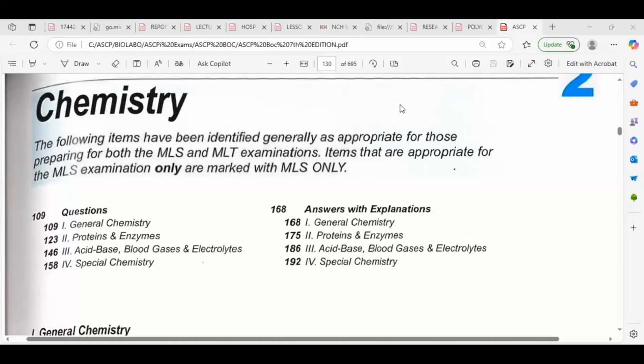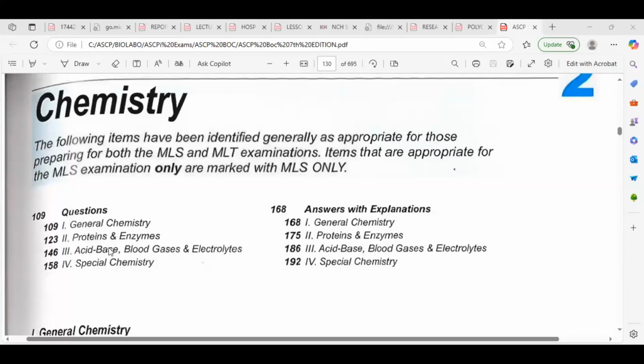Okay, so now as you can see from our four sections for clinical chemistry, we have general chemistry, we have also proteins and enzymes, another section. We have also acid base, blood gas and electrolytes.